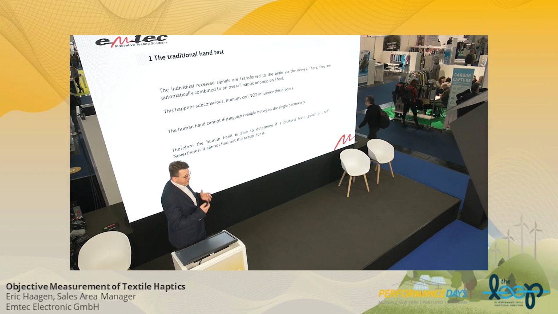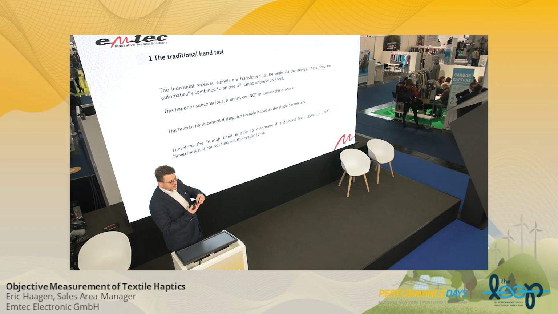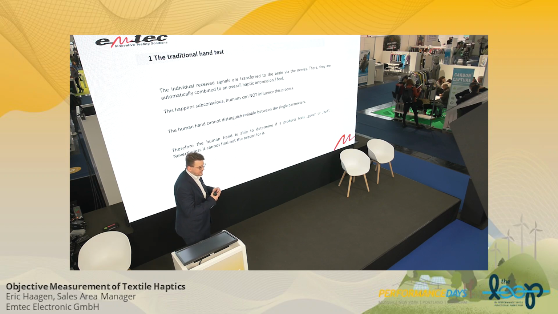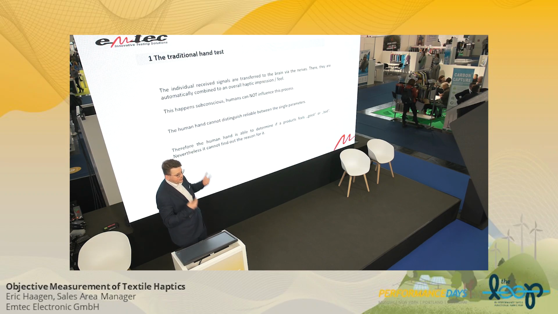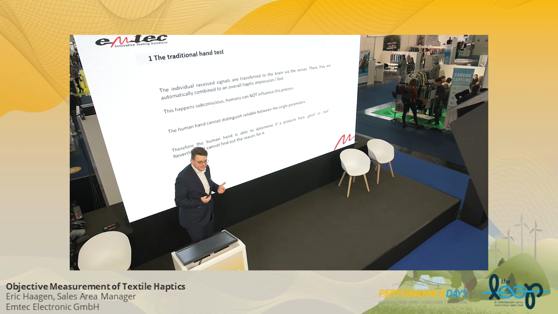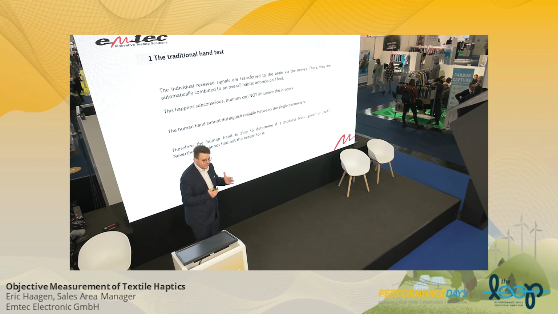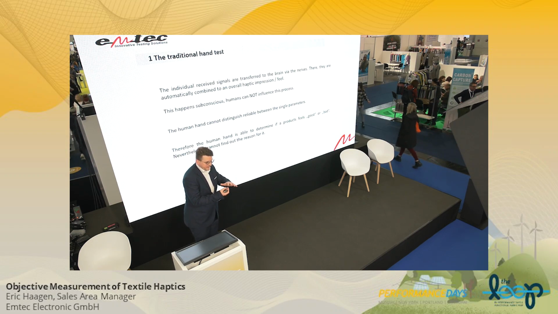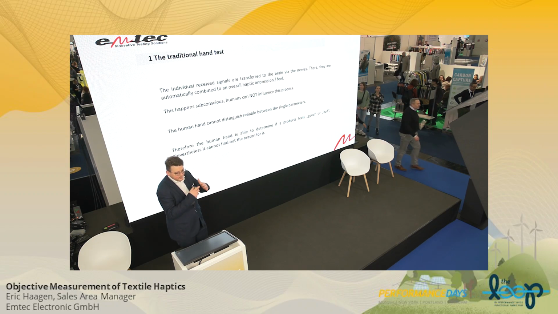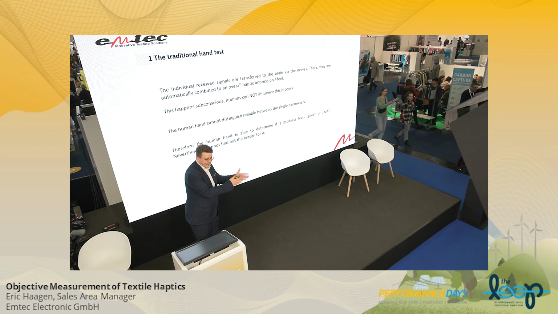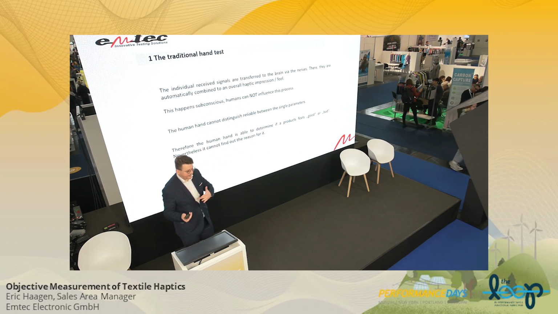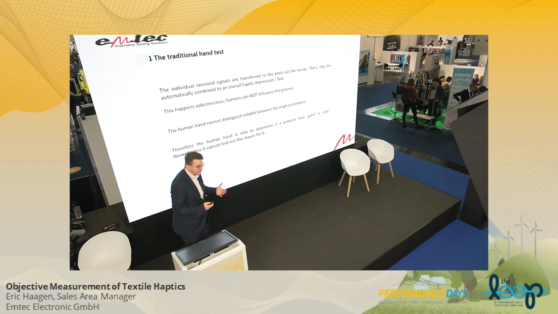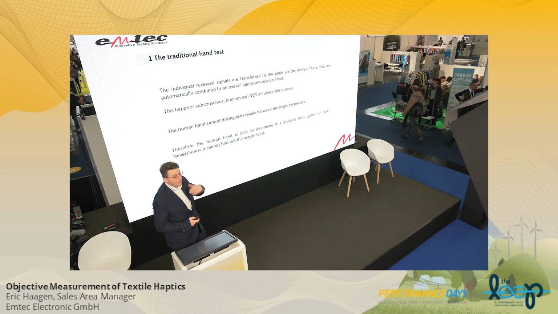Even though these sensors react individually to each of these parameters, the signals from the sensors are transferred via the nerves into our brain, and our brain combines this information automatically, without chance to influence it, into an overall haptic impression. So the sensors can react to them individually, but you automatically combine it into an overall haptic impression: I like the product, or I like the feeling, or I do not like the feeling. But you cannot distinguish between each individual parameter.